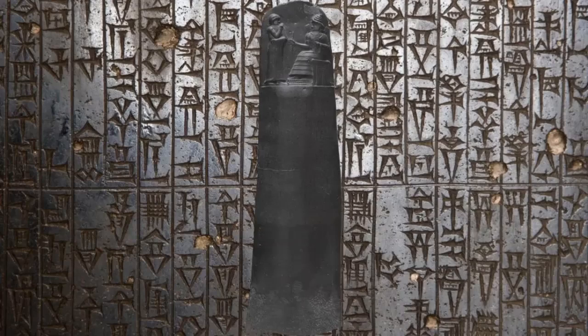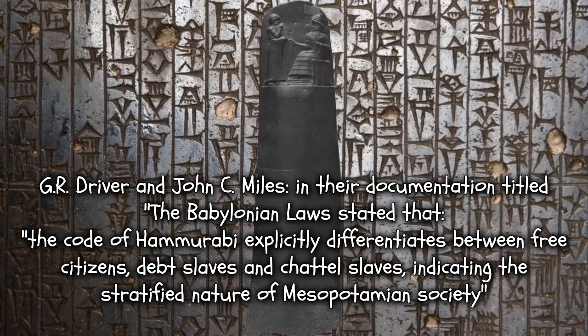G.R. Driver and John C. Miles, in their documentation titled The Babylonian Laws, expressed it in this way: they stated that the Code of Hammurabi explicitly differentiates between free citizens, debt slaves, and chattel slaves, indicating the stratified nature of Mesopotamian society.